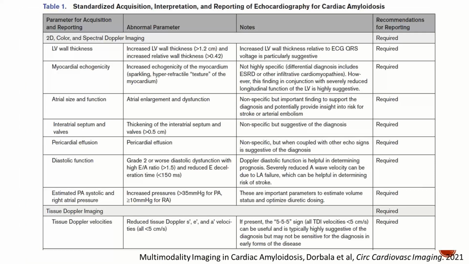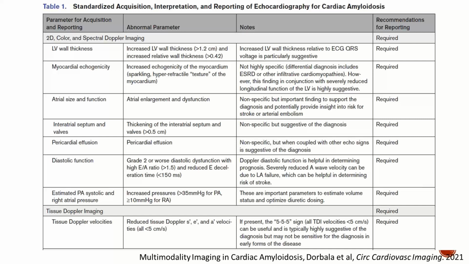When reporting a patient with suspected amyloidosis, there are specific echo parameters that are required for reporting. You have to comment on LV wall thickness: increased LV wall thickness of more than 1.2 centimeters and increased relative wall thickness of more than 0.42. When this comes with a low-voltage ECG, it is particularly suggestive of the disease.